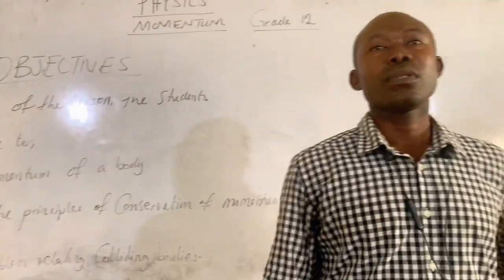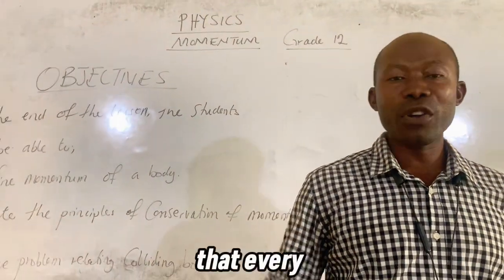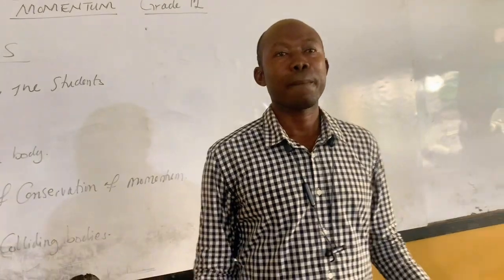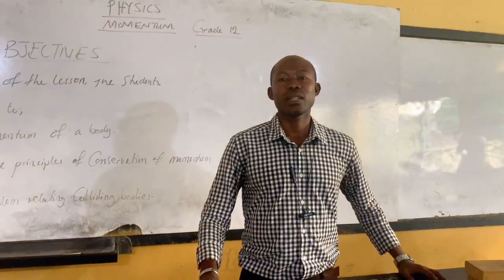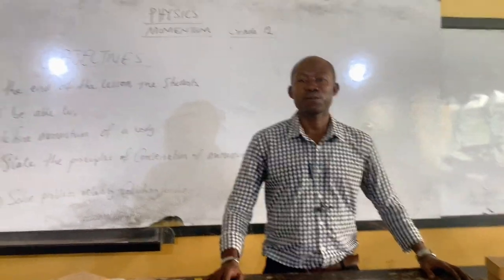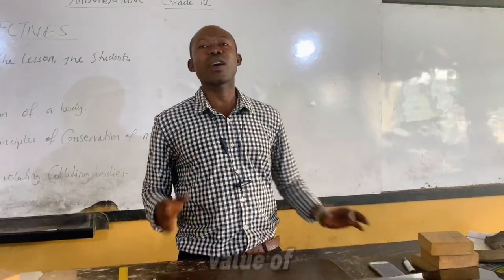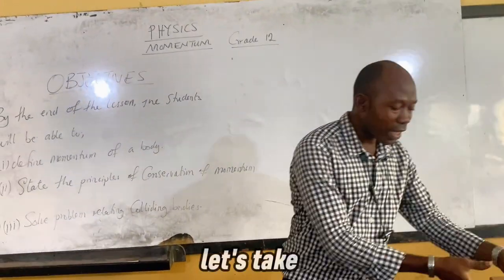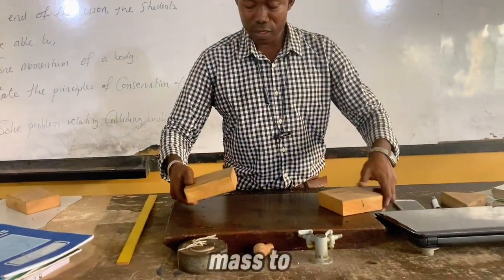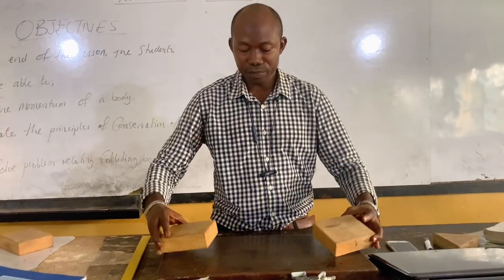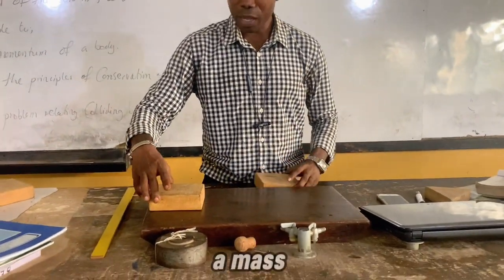Now, we know that every object has mass. And when it has mass and it moves, it has velocity. So, what is the value of its momentum? Let's take an example. If this is a body, it has a mass.